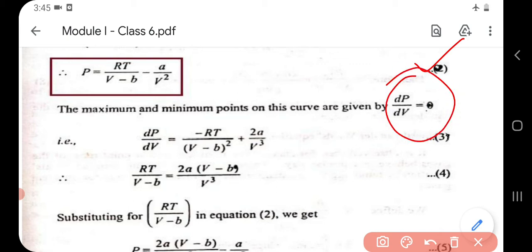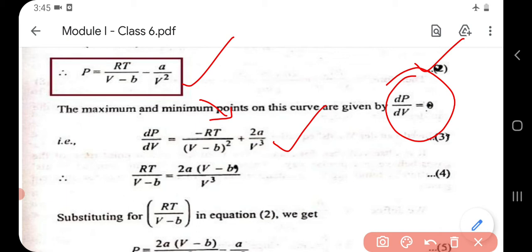So first you have to find the derivative of pressure with respect to volume, that is dP by dV, from this equation. On taking the derivative, you will get the expression for dP by dV as this. I am not explaining this because this is a very easy derivative.